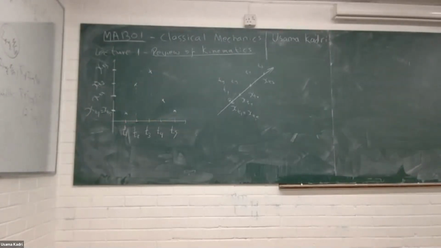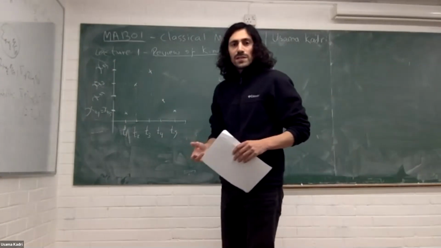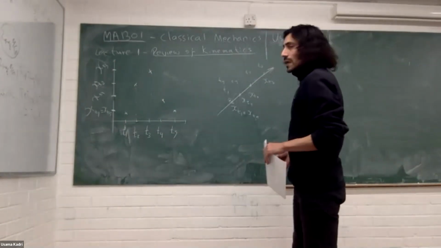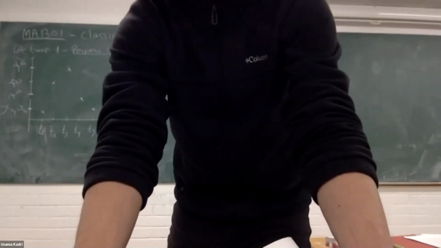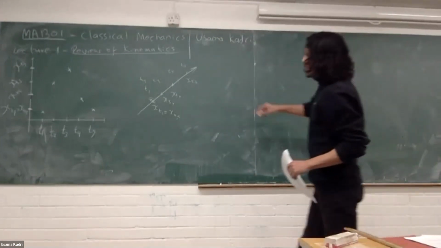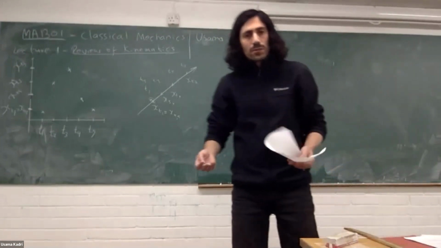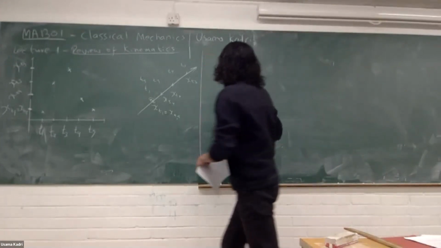Okay, what do we want to find? You want to find the velocities. I have a problem with how much space we have here. Okay, we want to have the velocities. We want to find the accelerations, and we want to find the speed. So let me write these things here.